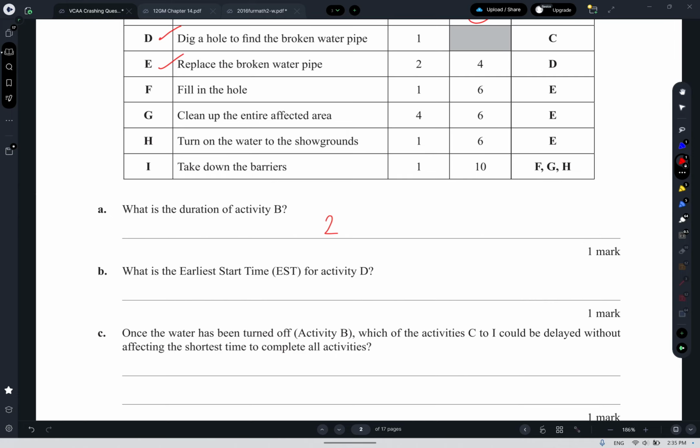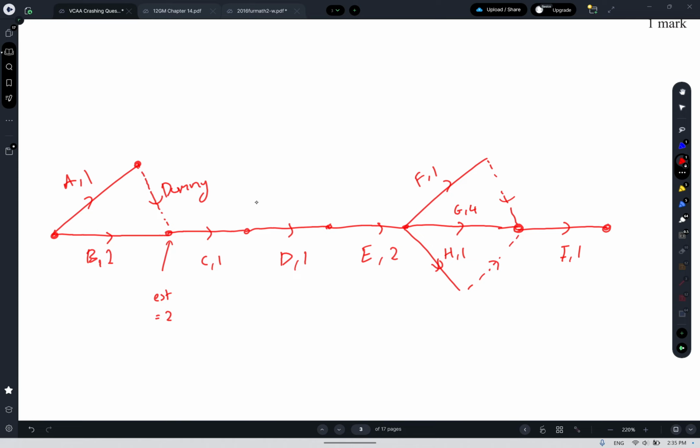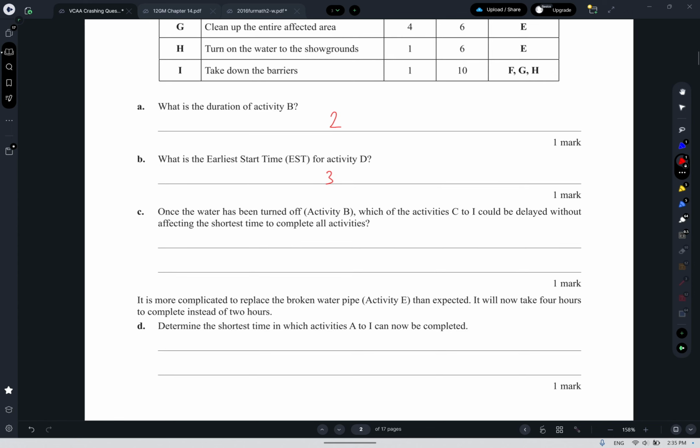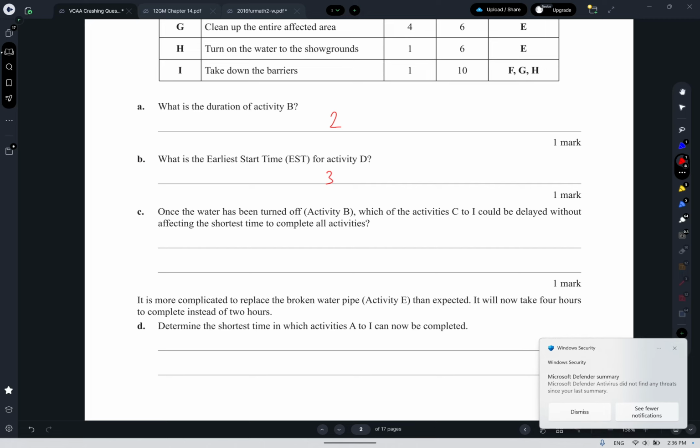EST of activity D, this one here. We have an EST of 2 to get here, plus 1, so it's going to be 3. Next: which of activities C to I could be delayed without affecting the shortest time?